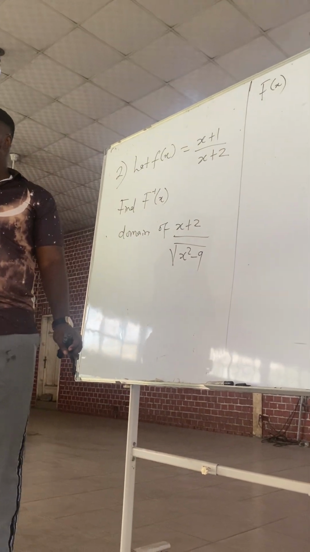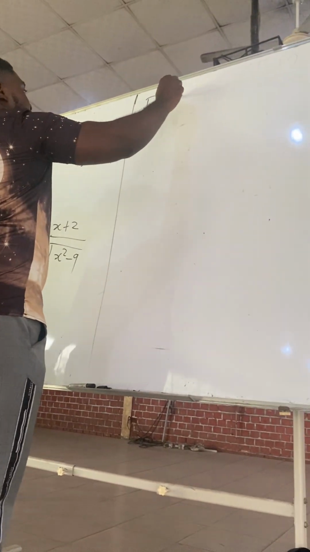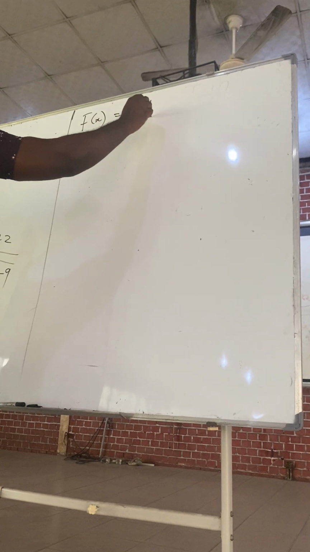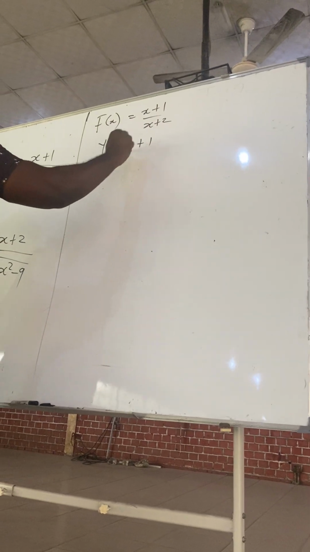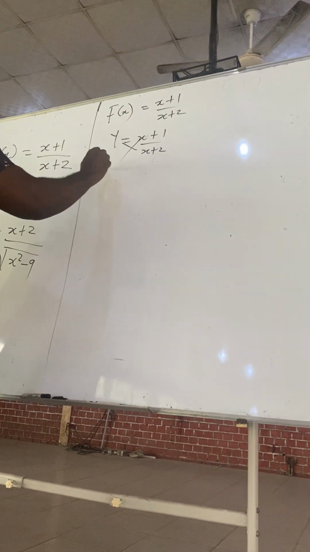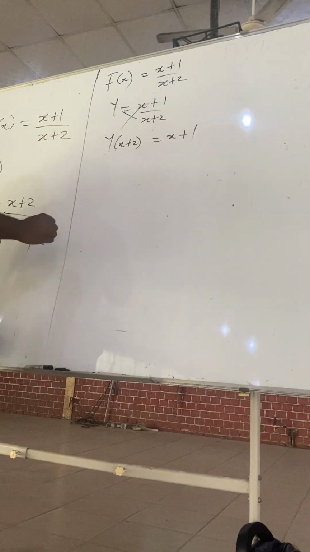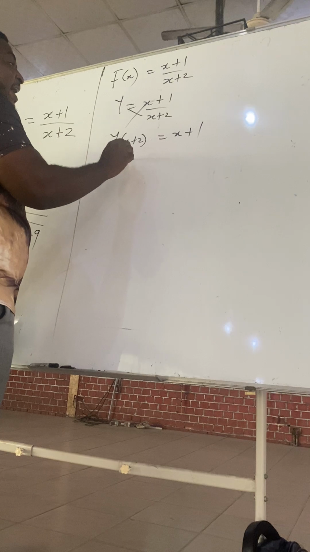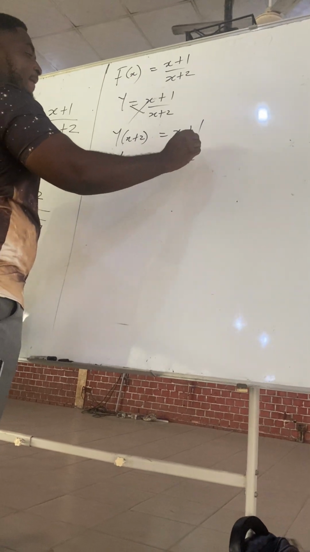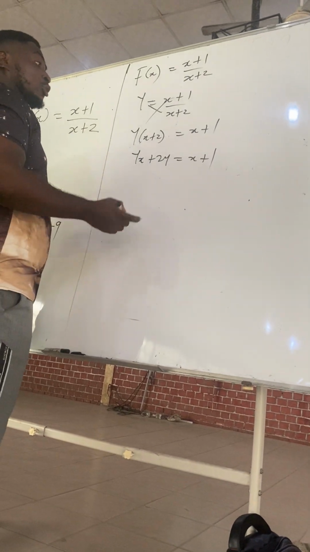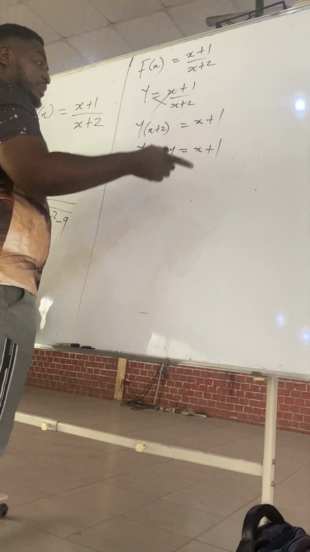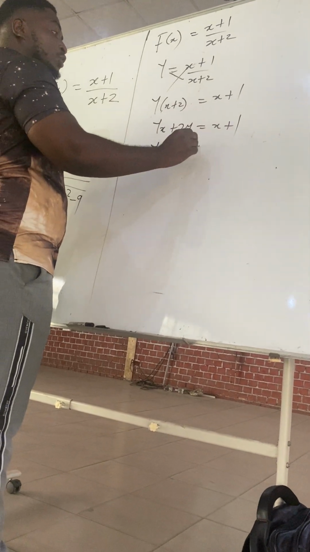If I was in an exam hall, I'll say f of x equals x plus 1 all over x plus 2. I'll say y equals x plus 1 all over x plus 2. I'll cross multiply: y into bracket x plus 2 equals x plus 1. Expand the bracket: yx plus 2y equals x plus 1. I want to make x the subject of the formula. I'll bring x to this side, bring y to this side. yx minus x equals 1 minus 2y.